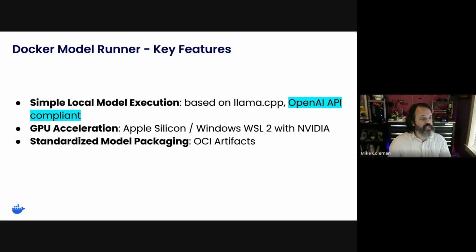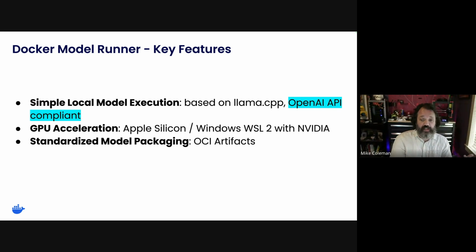Docker Model Runner there. The other thing that we do with Docker Model Runner is offer a way to package up AI models and put them into Open Container Initiative artifacts, which means they can be pushed and pulled to Docker Hub. The format that we work off of is GGUF.